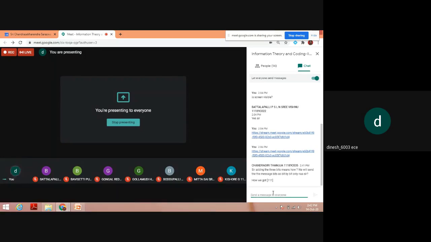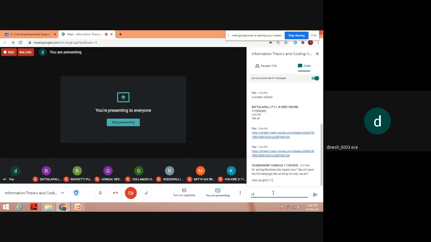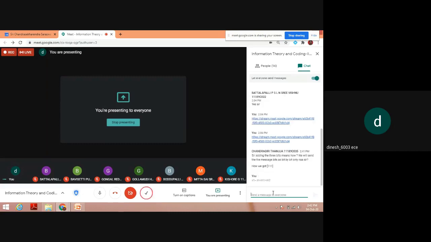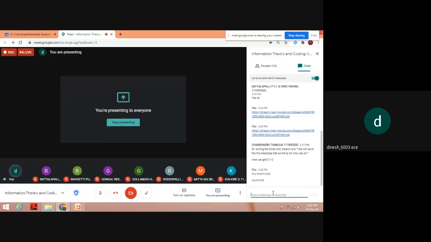Do not add, do modulo-2 addition. So for the answer for adding 3 bits for Tanuja, how do we get x1? I'll write it like this. x1, how do we get? m plus m1 plus m2, right? For example, x2 is m and m2. So for x1, all the 3 bits are present.